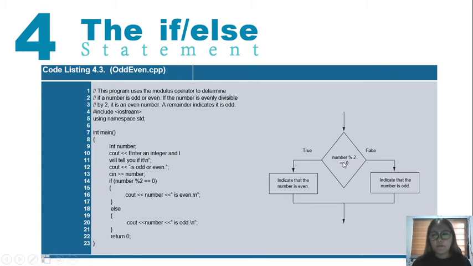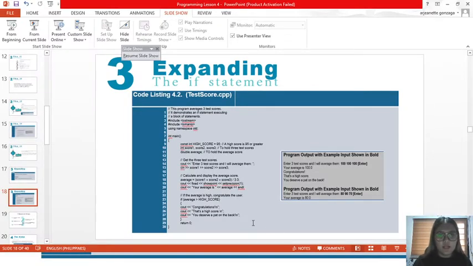Sample natin mamaya sa program. Number is divided by 2, or modulus 2, is equal to 0. Kapag true, i-indicate niya yung number is even, and kapag false, i-indicate niya yung that number is odd. So, try natin.